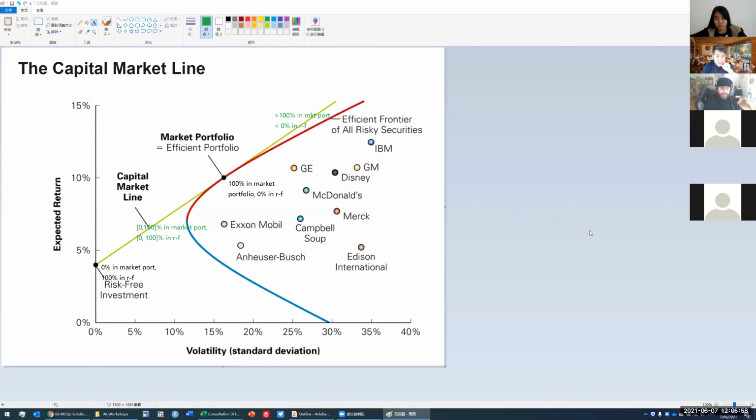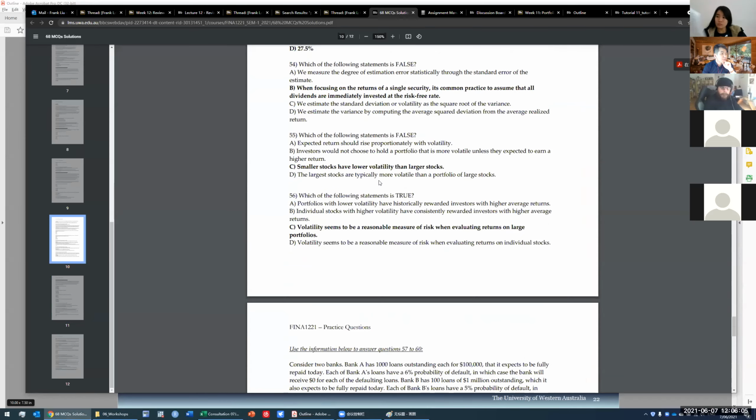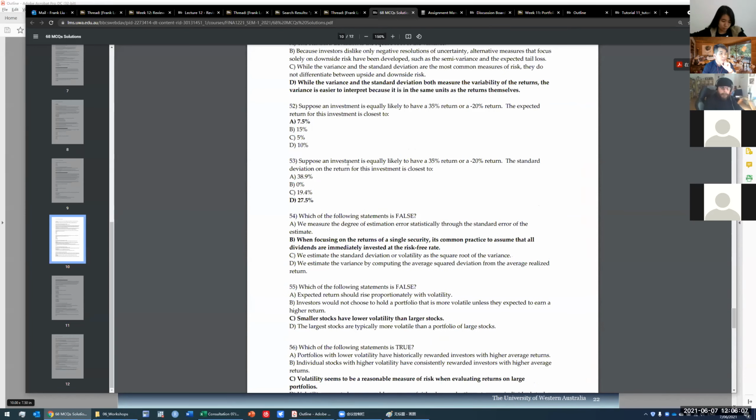Next one, can I assume that the formula to be used in question 53 will be the same as 59? I don't know. Let's take a look at what 53 is. Yes, and I think I explained this somewhere.